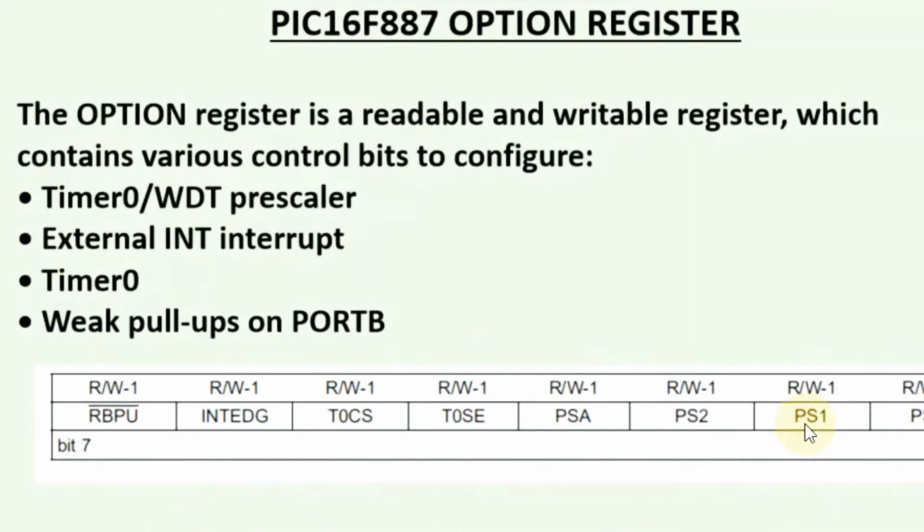Bit 0, bit 1, bit 2 stand for PS0, PS1, PS2, that is nothing but the prescaler rate, and PSA, that stands for prescaler assignment, T0CS and T0SE. These both are to configure the Timer 0 options. INTEDG goes for interrupt, and RBPU goes for weak pull-up enabling. So let us see each bit individually.